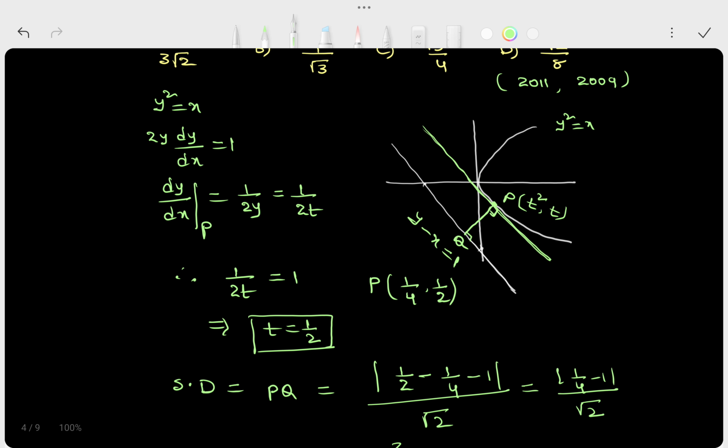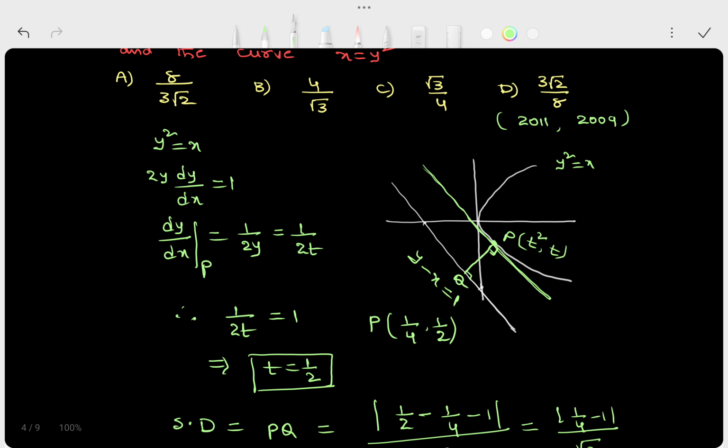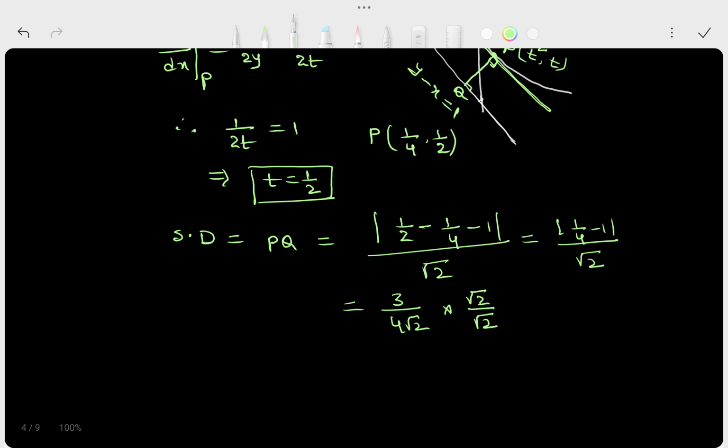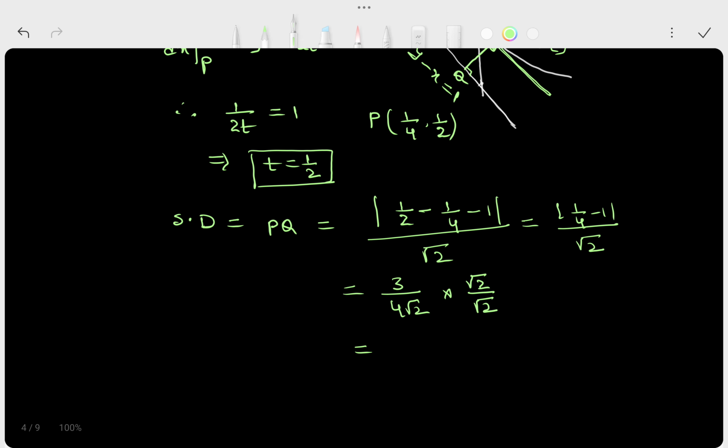Now you check the options. 3 by 4 into root 2 is not given, so you have to do one thing. Multiply and divide by root 2, numerator and denominator. Then it becomes 3 into root 2 whole divided by 8.